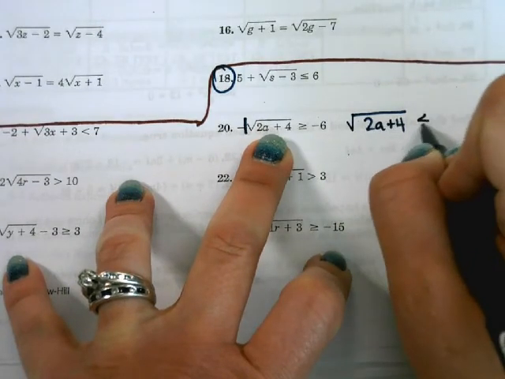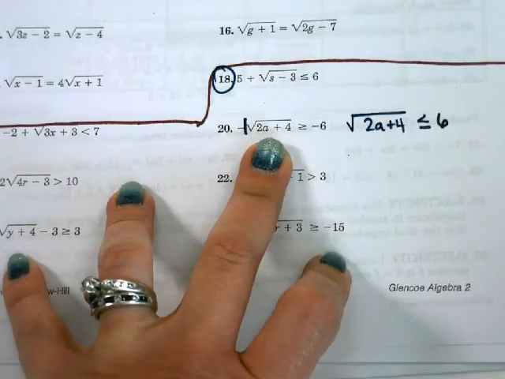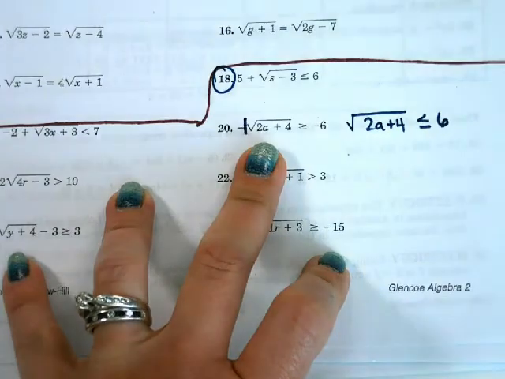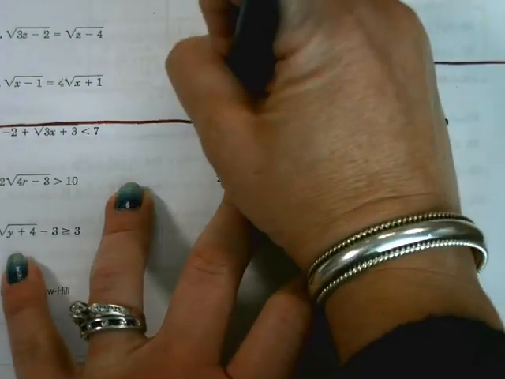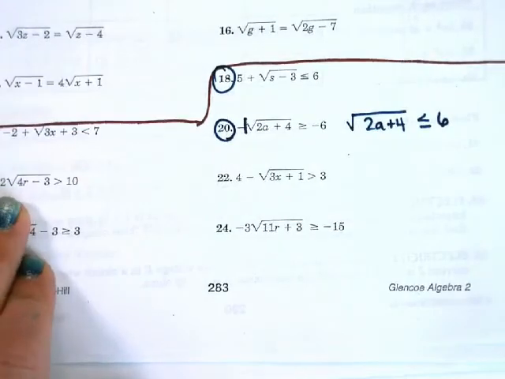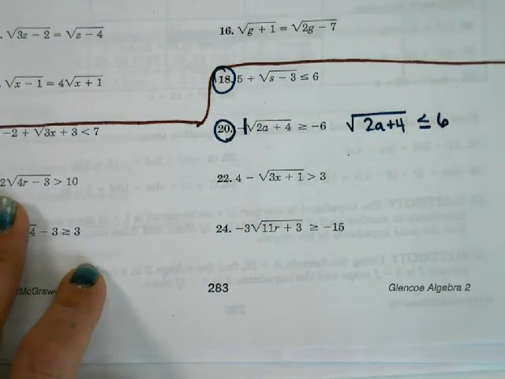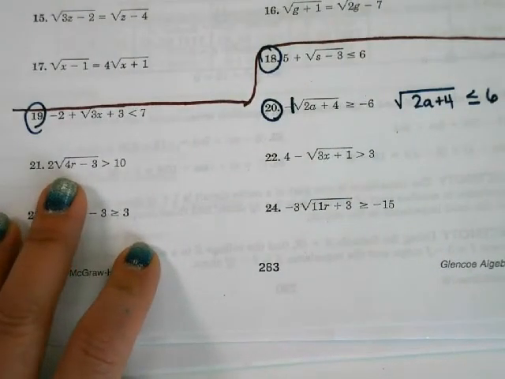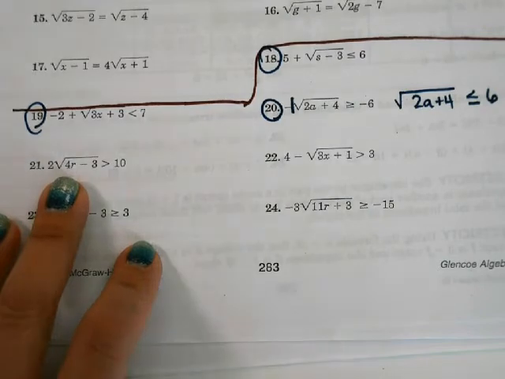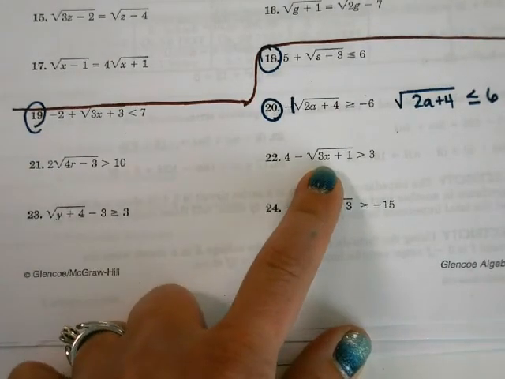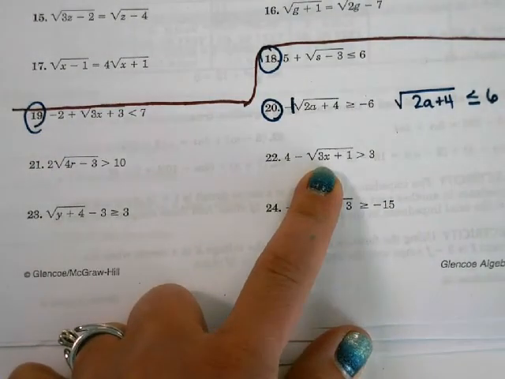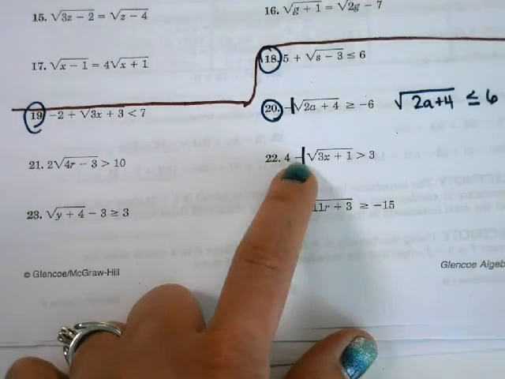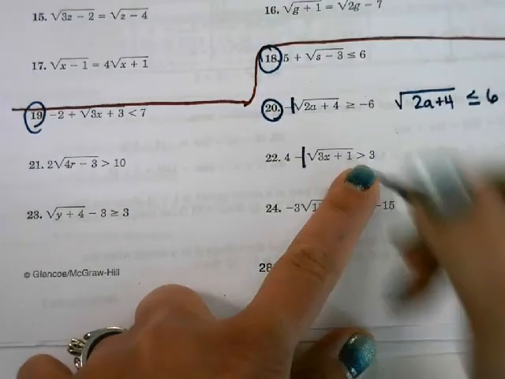He's now less than or equal to positive 6. Do I have to bound that guy? Yes. 21, do I have to bound him? No. How about 22? Yes, this guy will have to be bound because there's a negative out front, so it'll flip that inequality.